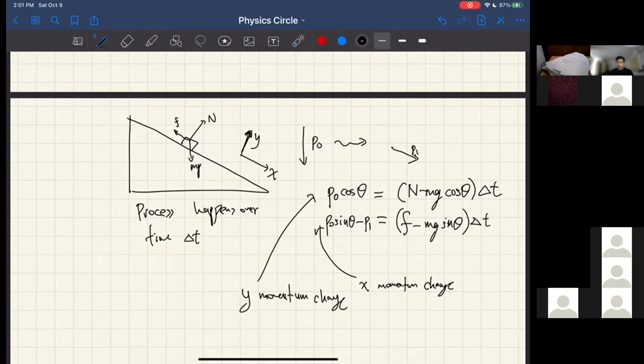Now, in this process, is static friction or kinetic friction being employed? Can somebody tell me, and give me a reasoning why? Kinetic, but why? The exact way to tell the difference is the relative velocity of the point of contact with respect to the ground.